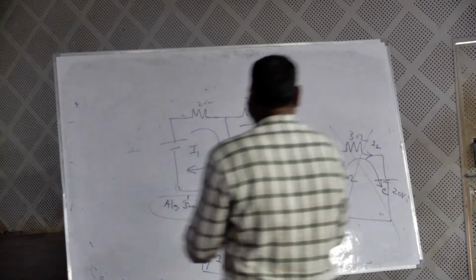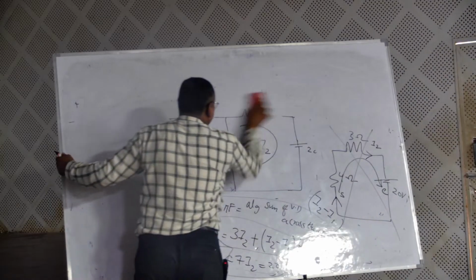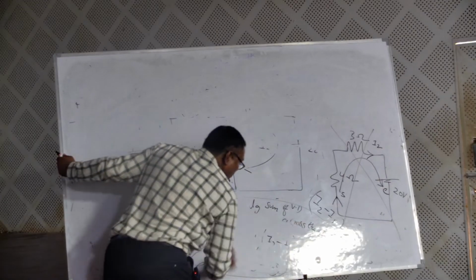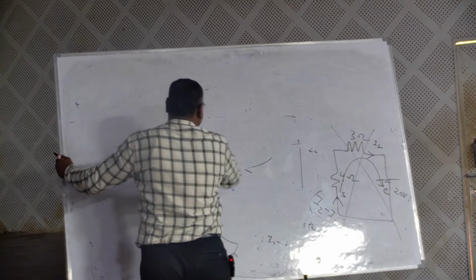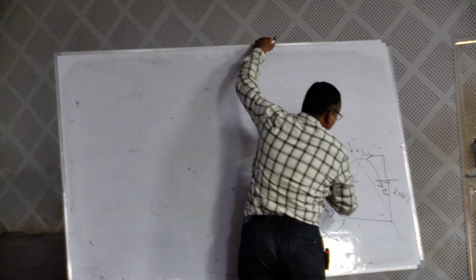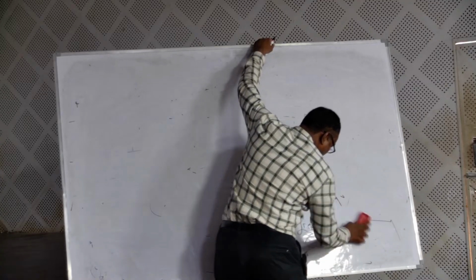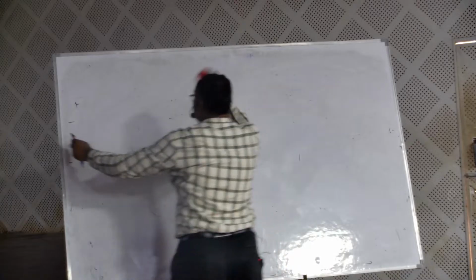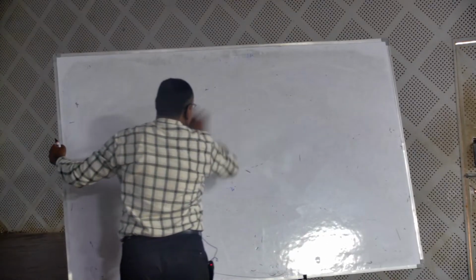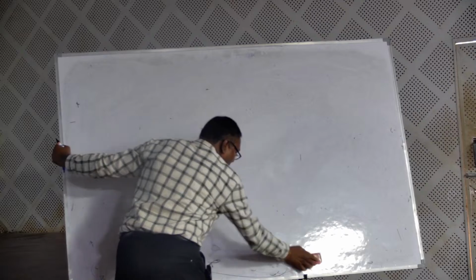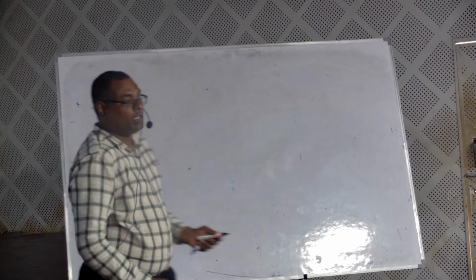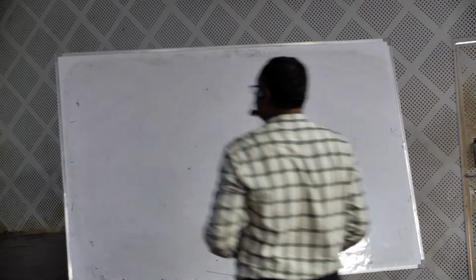Next one. Go for the heading: solving I1, I2 by Cramer's rule method.